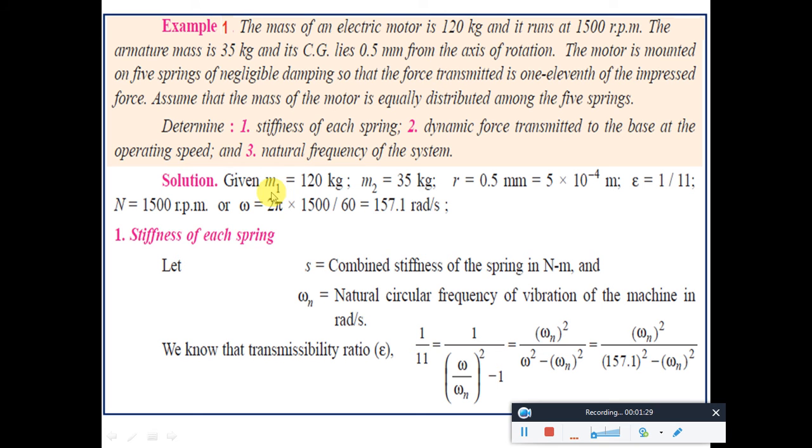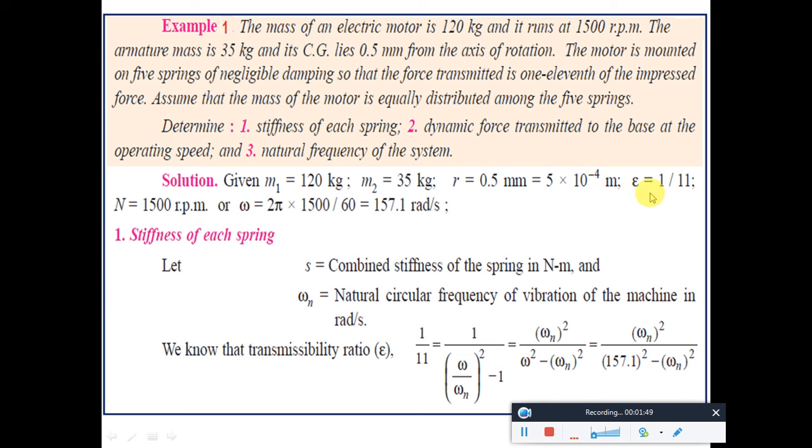Coming to the mass given, the mass of the motor is kept as M1, 120 kg, and the armature coil M2 is 35 kg, and it has an eccentricity of 0.5 mm, so 5 into 10 power minus 4 meter.